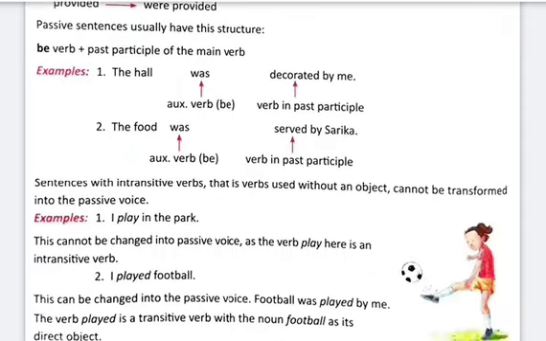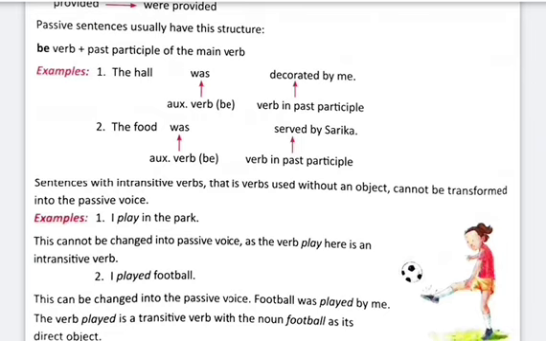See here. The hall was decorated by me. If I first say the sentence in active voice, then it will be: I decorated the hall.